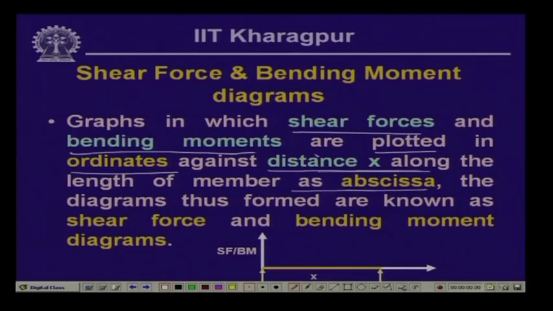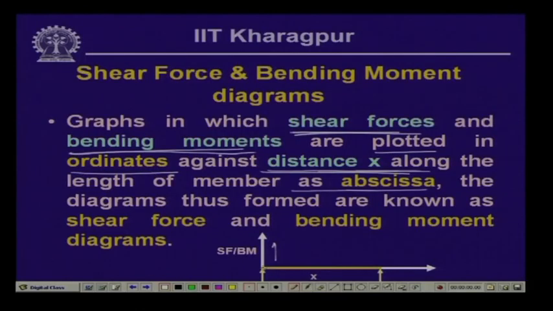Now, what we do is that the magnitude of the shear force or the bending moment we place on the ordinate, and the distance x, any distance x along the beam at which we like to compute the value of the shear force or the bending moment, we place on the abscissa.